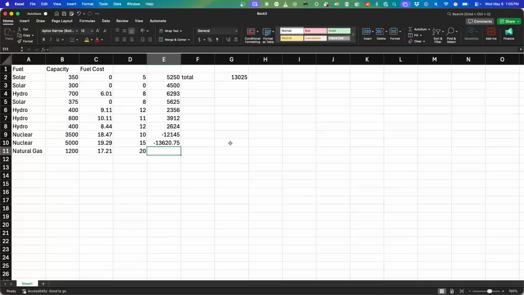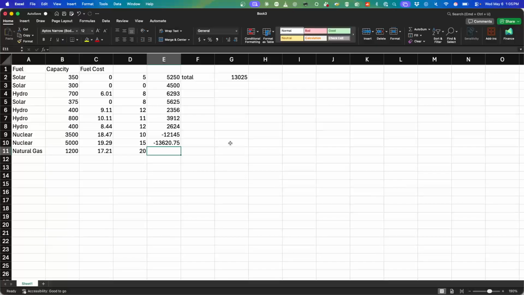Okay, so everyone made money except, unfortunately, our 2 nuclear plants who both bid in at a price lower than your fuel cost, which means that they both lost some $12,000, $13,000.